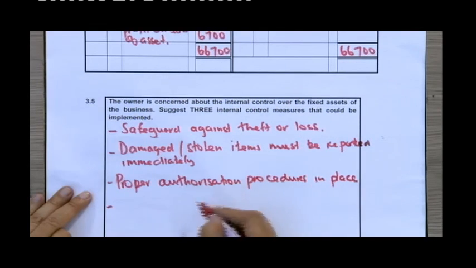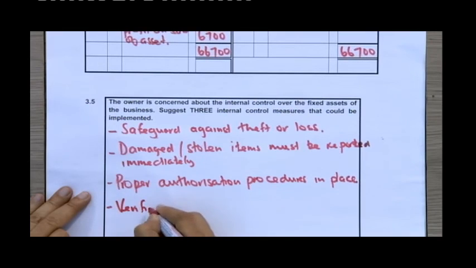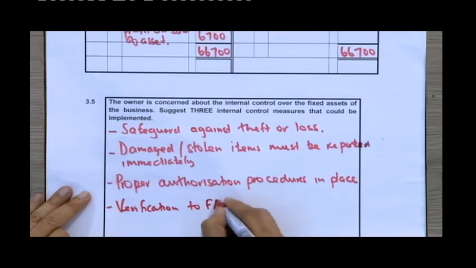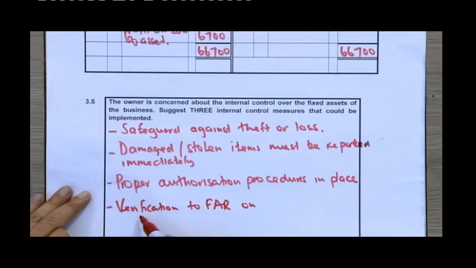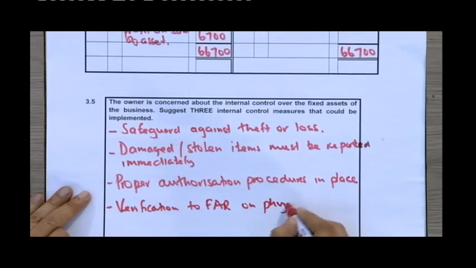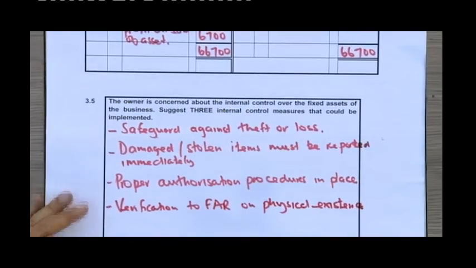For example, if we have a car and we have to take the company vehicle home, then there should be proper authorization procedures in place. Then we can also have verifications to the fixed asset register on the physical existence, which ties up with the first item that we have.